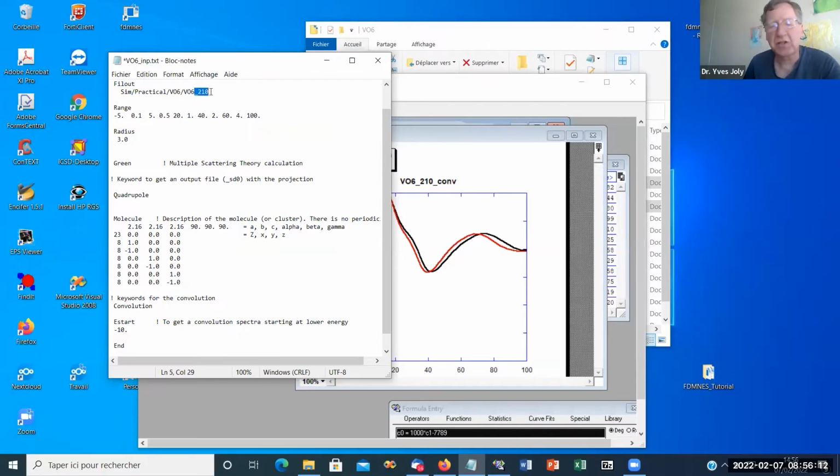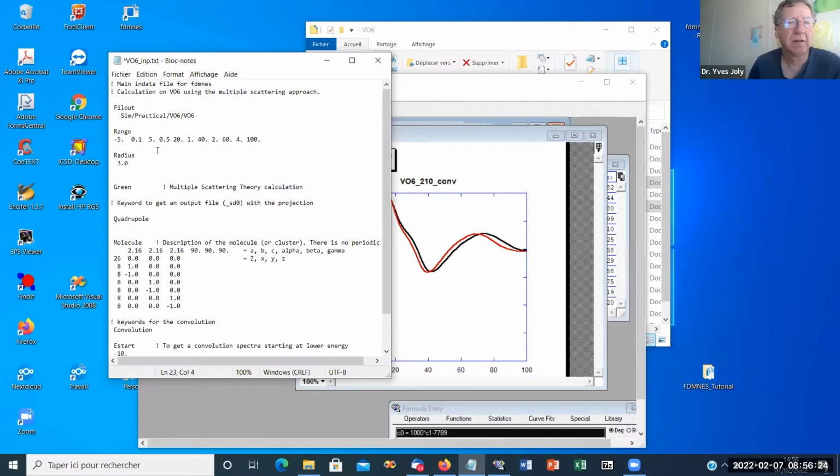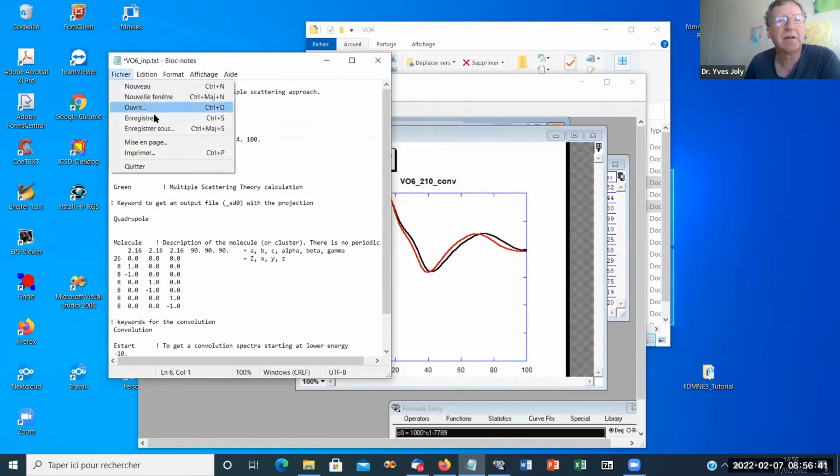And what I could change is the absorbing atom. For example, I go to calculate iron in solution. So atomic number is 26. Well, I don't change the name of it in the data file. It's not very correct, but it's easier for us. And it's interesting to see what we get.